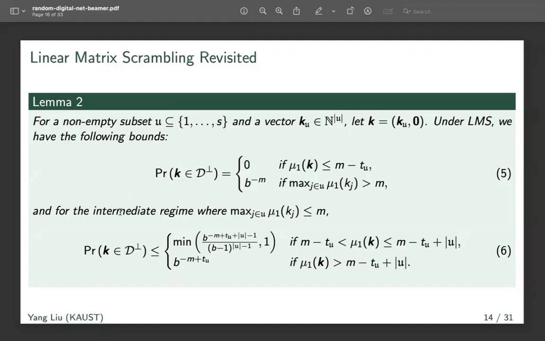And in the intermediate regime, we have this probability bound that can be substantially larger than b to the minus m. So in this regime, the probability for this HRD or URD is much smaller than this probability in this linear matrix scrambling.